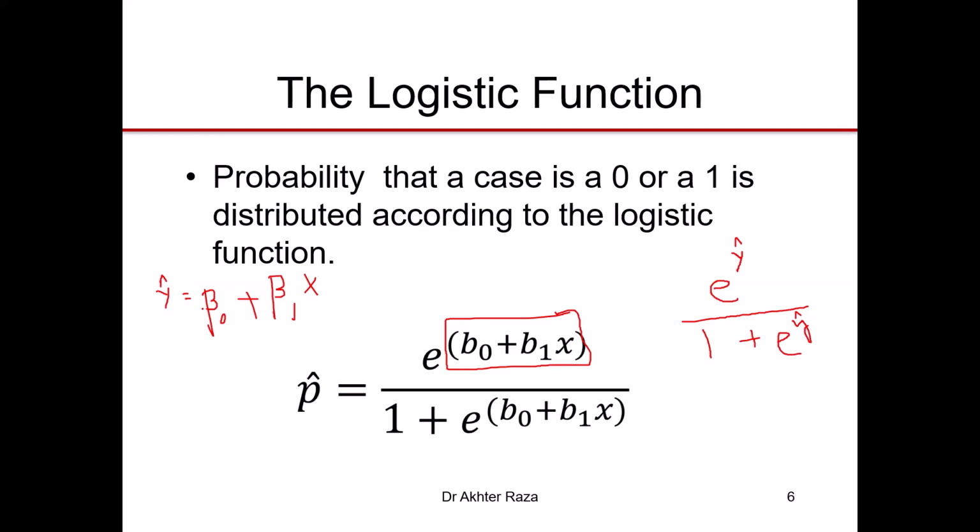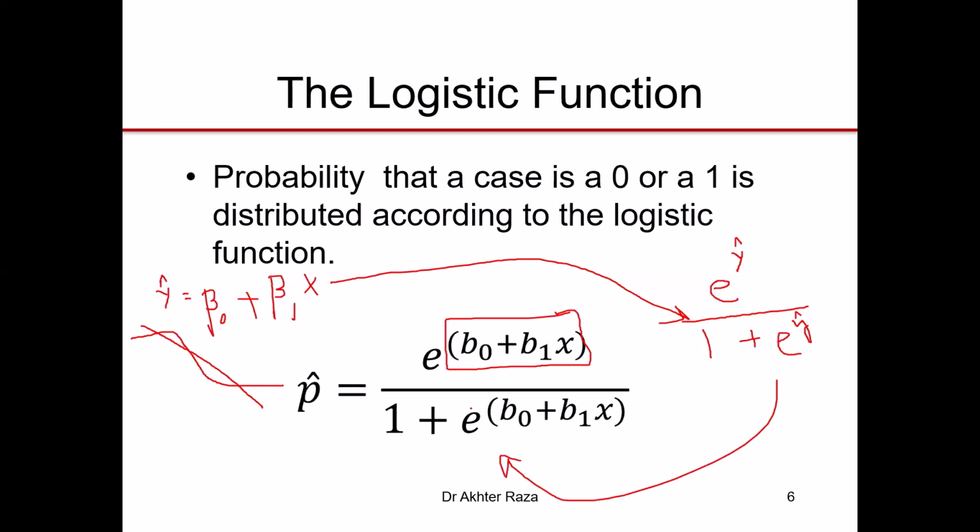If you raise the predicted value of OLS, e raised to the power y upon 1 plus e raised to the power y, then this straight line will be converted into a function which is referred to as the sigmoid function. So this is a transformation only. We are transforming the y into this.